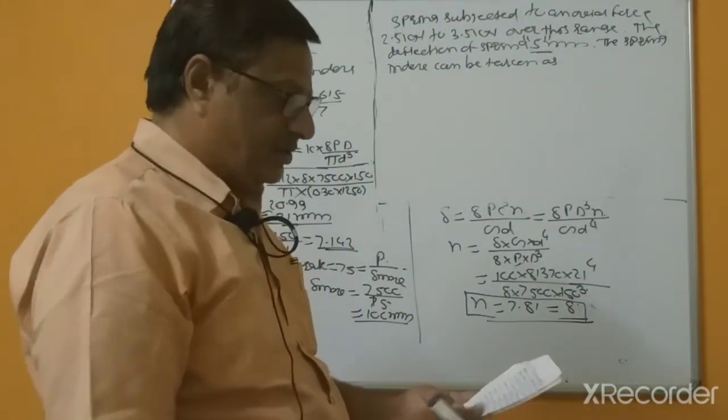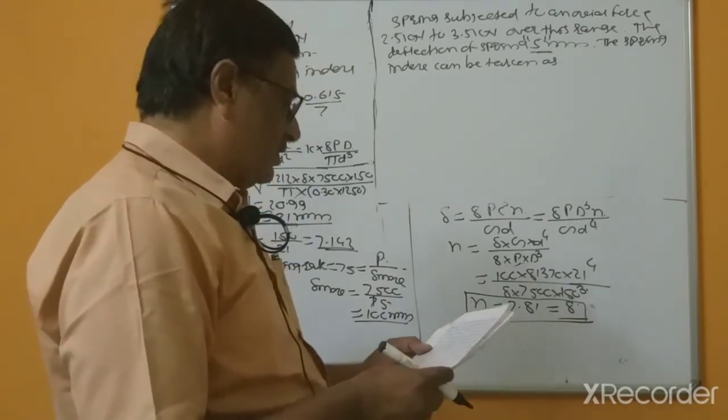Briefly I am writing these problems. 5 mm, the spring disc can be taken as 5.